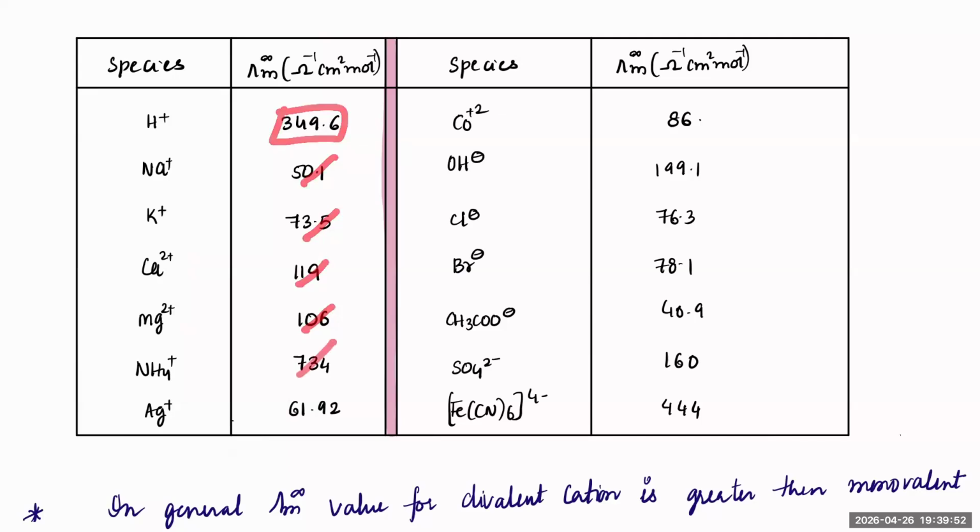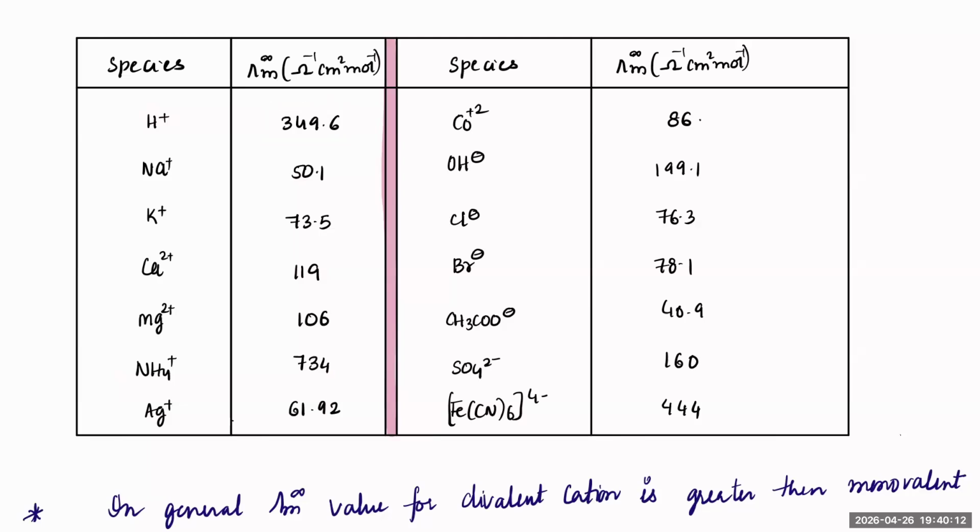NH4 plus is an exception because it is a very bulky molecule which also has an H plus in it. But other than that, general cations have smaller values compared to H plus.